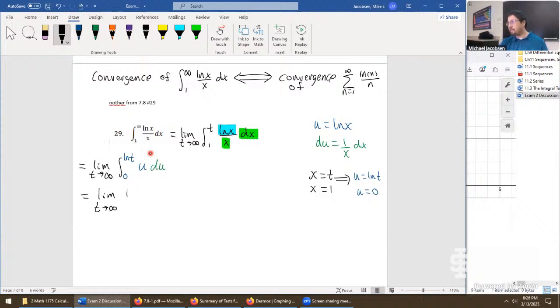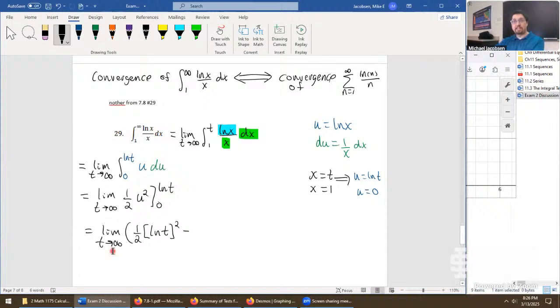T goes to infinity of 1/2 u squared. Evaluate all of this from 0 to the natural log of t. Let me throw no, that'd be the same weird mistake I made earlier. Leave that right where it is. Limit as t goes to infinity of, plug in natural log t, and we have 1/2 natural log of t squared.